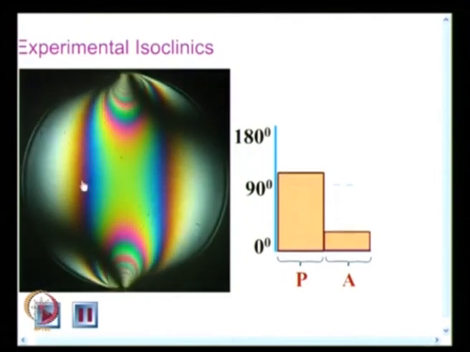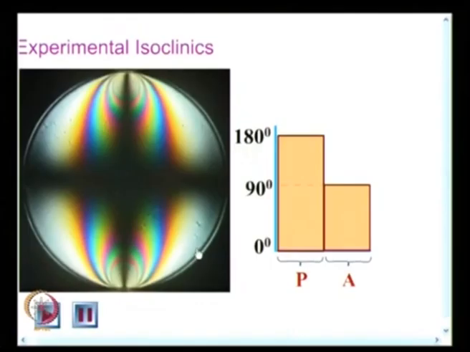Can you identify the colored band, because you had seen this earlier? You can identify the color band. What do the color bands show? They are contours of sigma 1 minus sigma 2. So, in this optical arrangement I get two pieces of information.